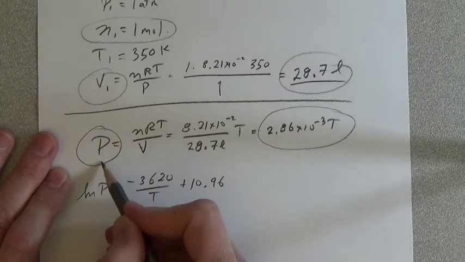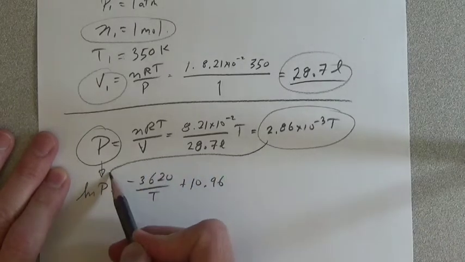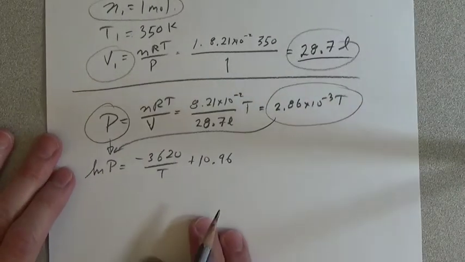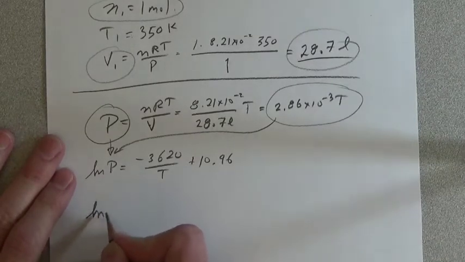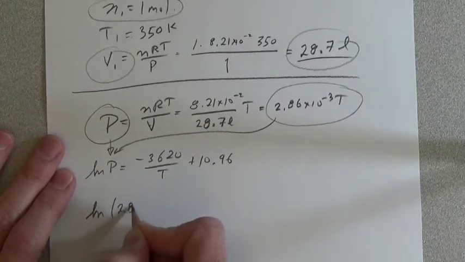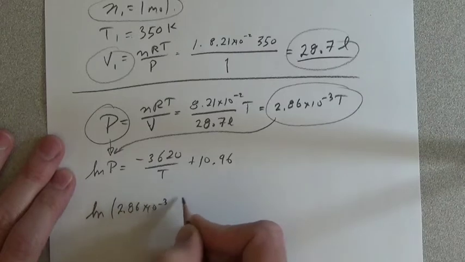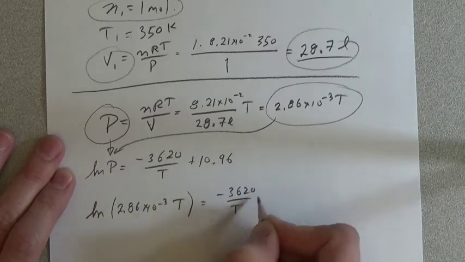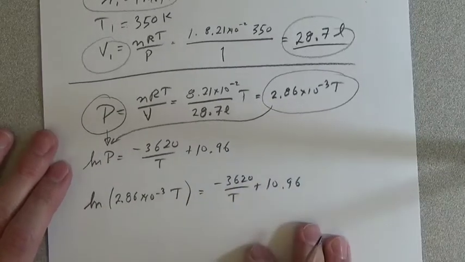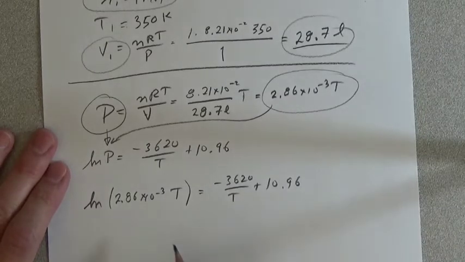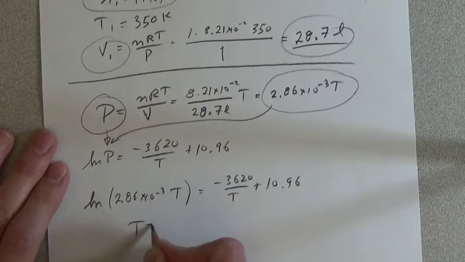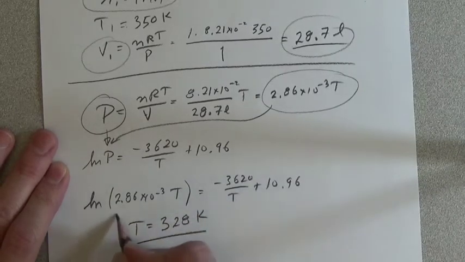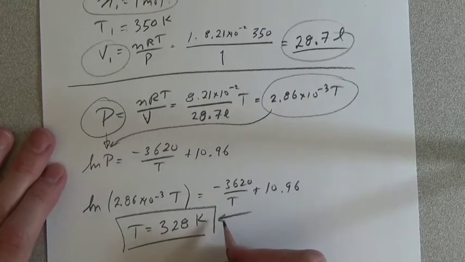So substituting in for pressure is going to give us a relationship entirely in terms of T. So we have natural log of 2.86 times 10 to the minus 3 T is equal to minus 3,620 over T plus 10.96. Solving for the temperature, we find that T is equal to 328 K. So that's the temperature where we see the first condensate.